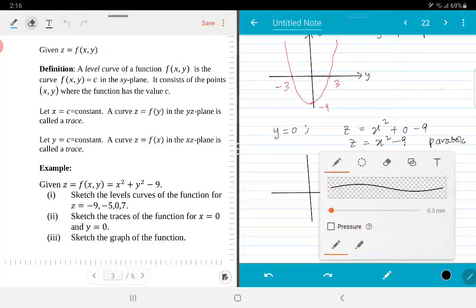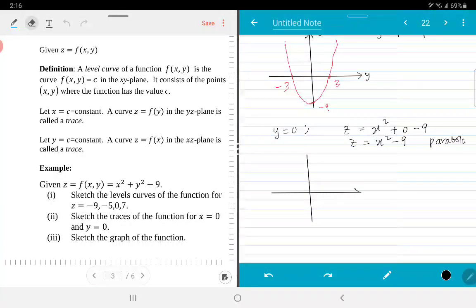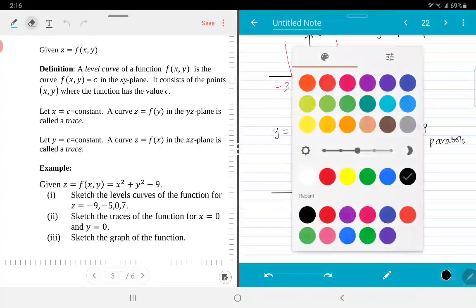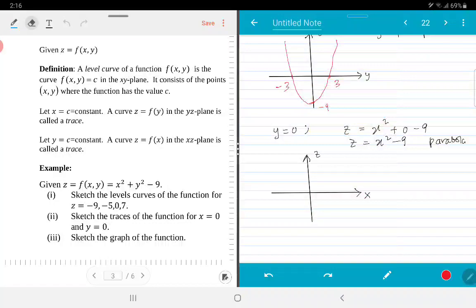This is the x-axis, this is the z-axis because the equation involves x and z. Again, parabola, open upwards, shift 9 units down. Let's say this is negative 9, and it will intersect the x-axis at 3 and negative 3. So we will plot this, we get this parabola.